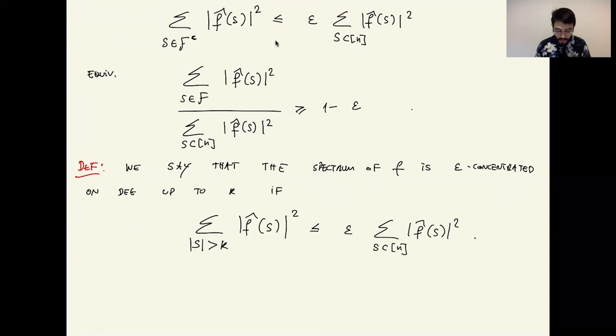So that means that outside the set is very small, so it's epsilon concentrated in there.